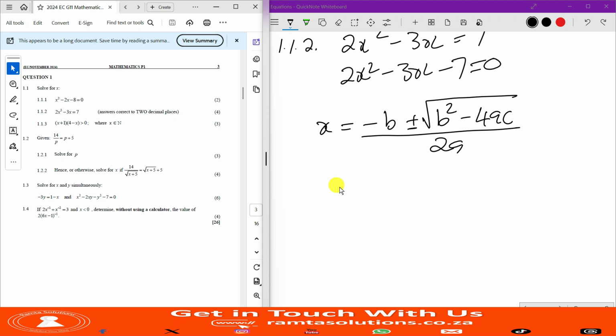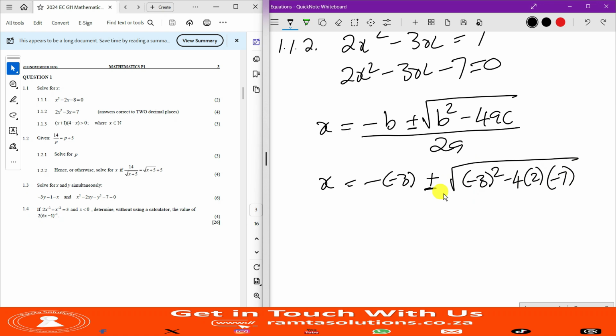Now, what is the value of b? The value of b is negative 3. What is the value of a? It is 2. And the value of c is negative 7. Good. All over 2 times the value of a, which is 2. So simplifying this, negative times negative is positive.